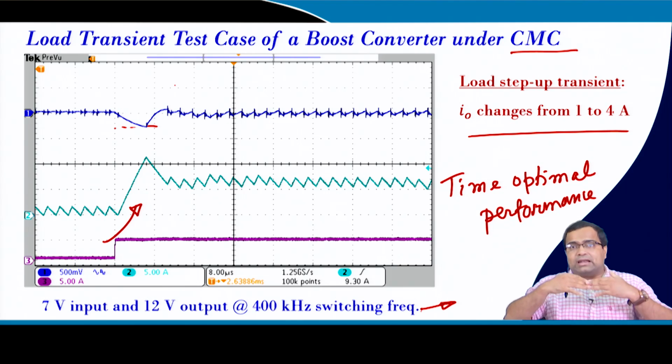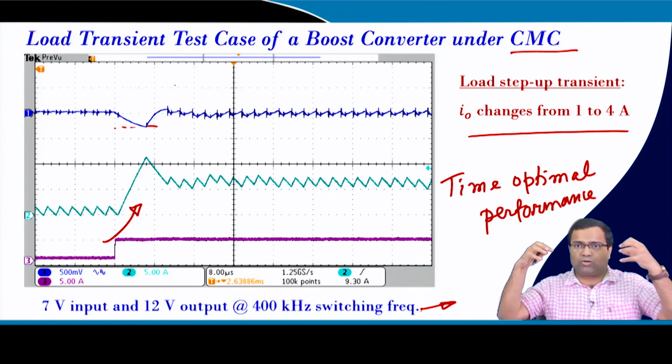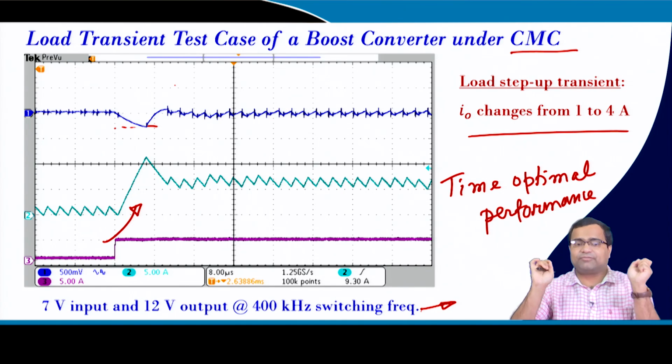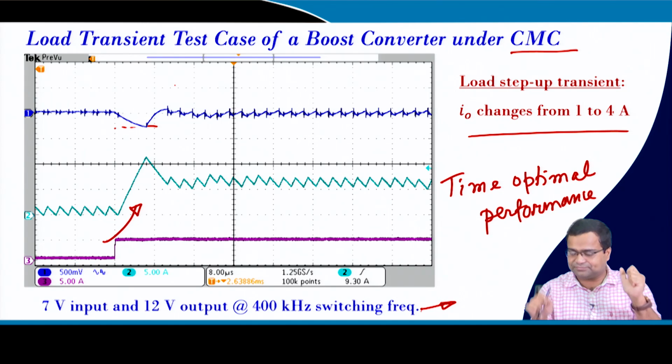But if you go up a level, where you incorporate the nonlinearity into the model, you can extract the performance up to the limit of the converter, because it is a switching converter.